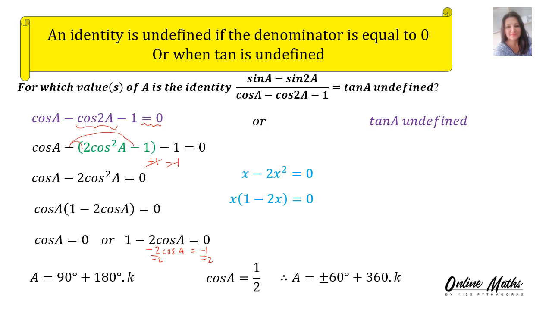And then the other place where your identity is undefined is if there is a tan inside your sum. So where is tan A undefined? Tan is undefined for angle A at 90 degrees plus 180 times k, k element of Z.